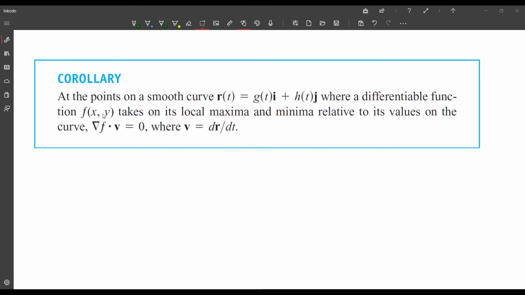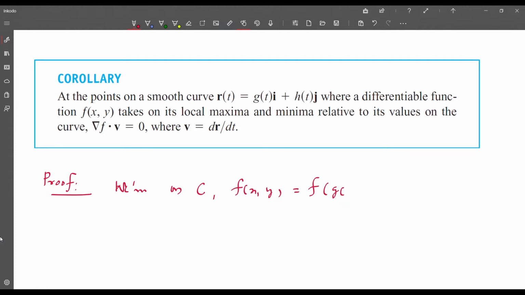So the proof is similar. We have on C, f of x, y is f of g of t, h of t, and at extreme values on C, we have df by dt equal to 0.